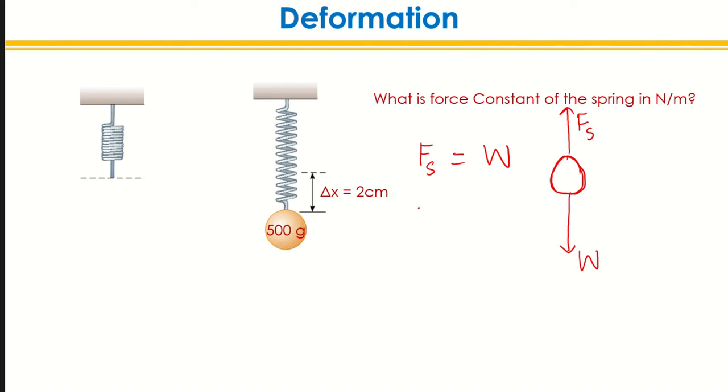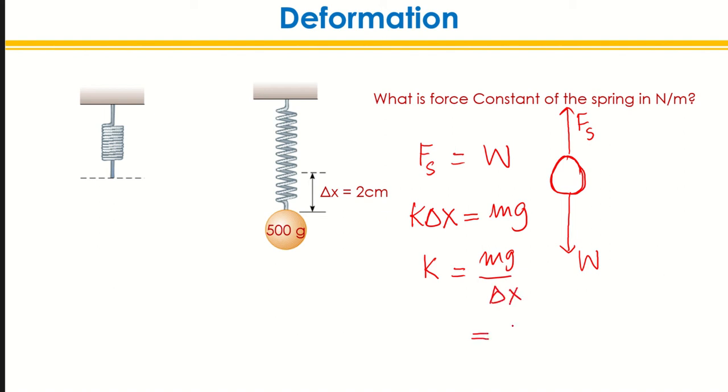The spring force is KΔx, and we assume that the elastic limit is not reached. W is equal to mg, so K is mg over Δx.